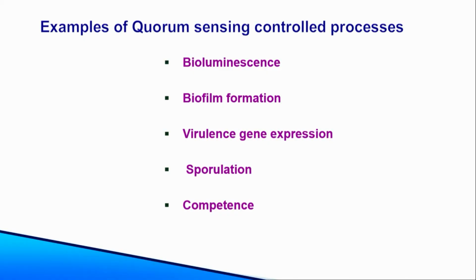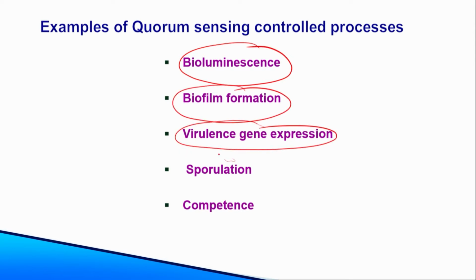This has very major implications in microbiology, because most bacteria in the environment or in nature do not exist as single species, but as multi-species films, as found in the biofilm. Examples of some quorum sensing controlled processes include bioluminescence, biofilm formation, virulence gene expression, sporulation and competence.